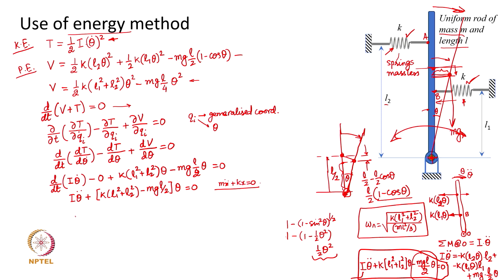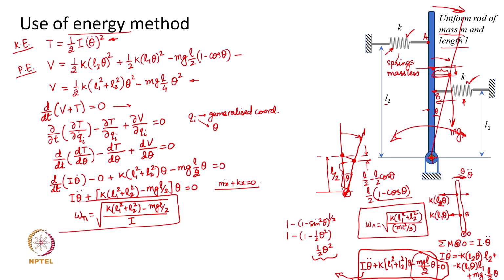This one is in a similar form, and the natural frequency of angular vibration or angular oscillations is now going to be k L1 square plus L2 square minus mg L over 2, over I, and that would be similar to the expression that I got using Newton's law.